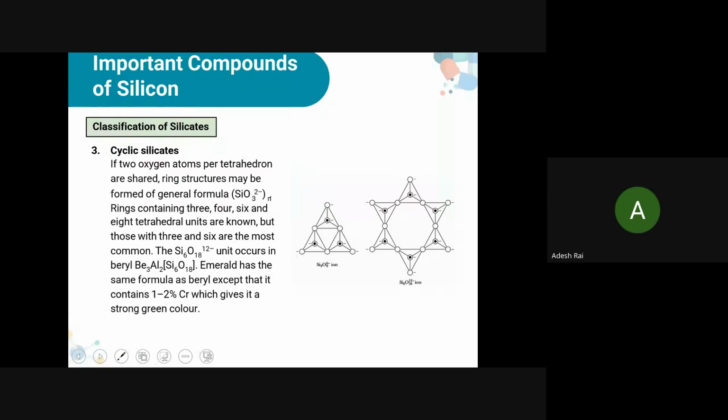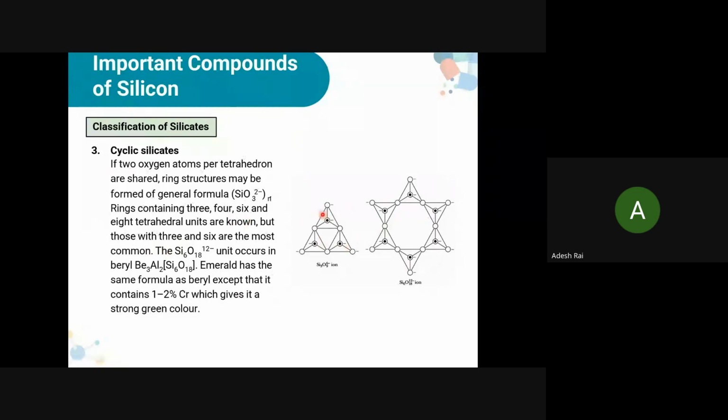Cyclic silicates. If two oxygen atoms per tetrahedron are shared, a ring structure may be formed of general formula (SiO3)n^2n-, where n means the number of units. Rings containing 3, 4, 6, and 8 tetrahedral units are known, but those with 3 and 6 are the most common.